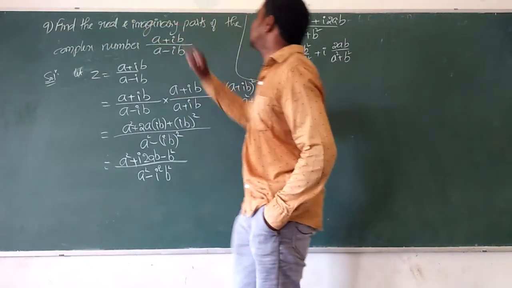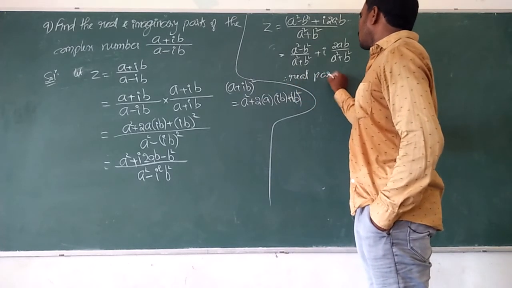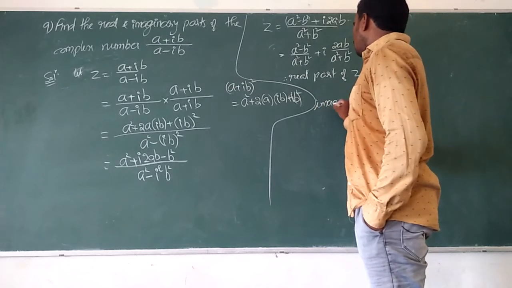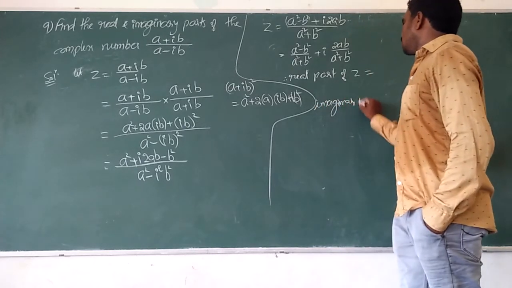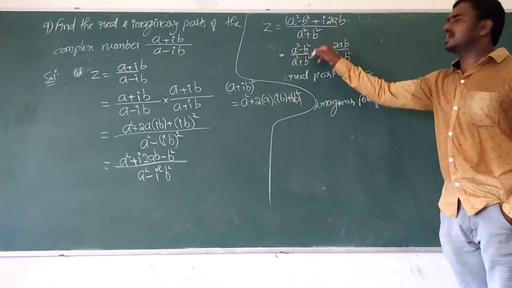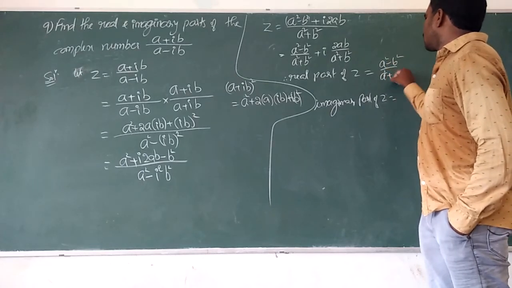that is asking for real and imaginary. So therefore real part of z is equal to, next, imaginary part of z. What is the real part here? A square minus b square by a square plus b square.